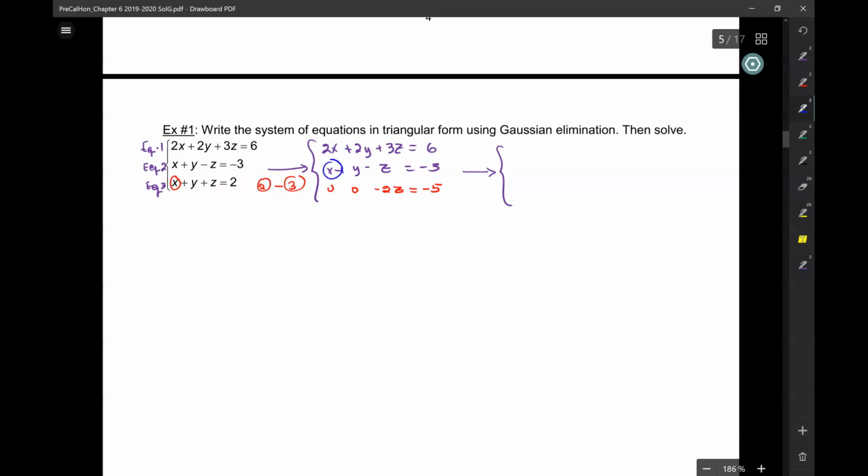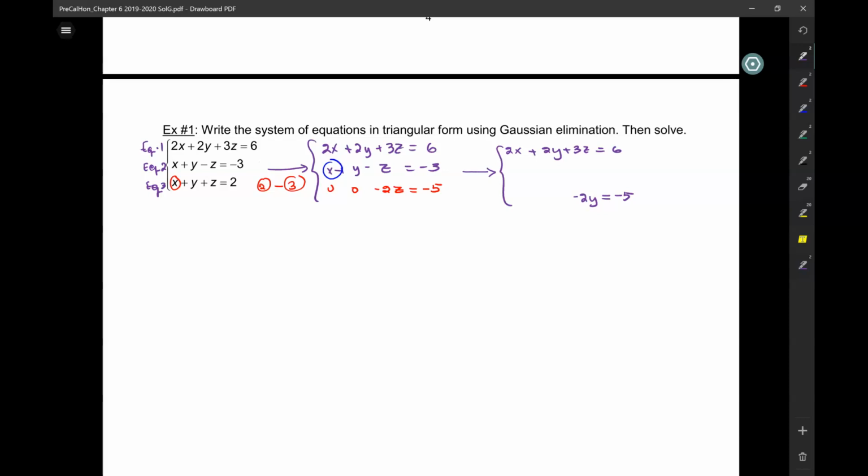Everything else is going to stay the same, so I can copy down everything else. This one is 0, 0 minus 2z is equal to negative 5. Now I'm going to replace this one. Look at this x column. That's what I'm trying to get rid of. What combination will give me a 0 here?